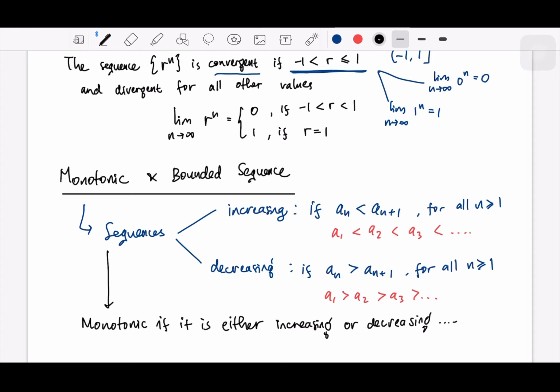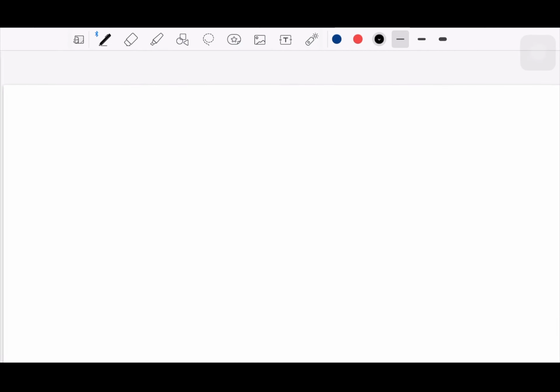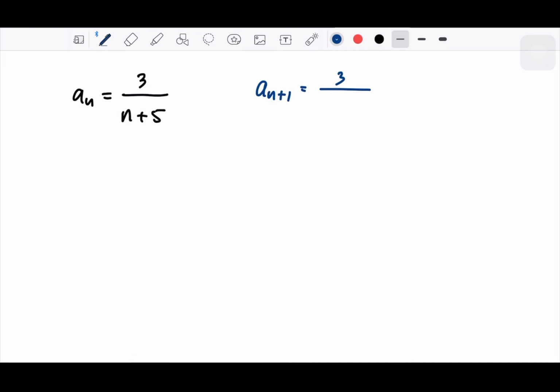Now, if we look at one sequence, for example, an equals 3 over n plus 5. Of course, I think this is quite simple. We can look at an, and we can take an plus 1. This means we exchange n with n plus 1 and put it into the equation, which is going to be 3 over n plus 6. From this we can compare these two.